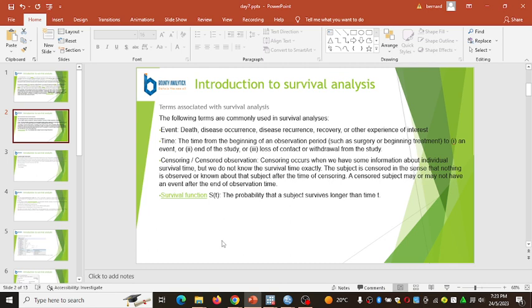For event, things like death, disease occurrence, disease recurrence, recovery, or other experience of interest. Those things are the events.